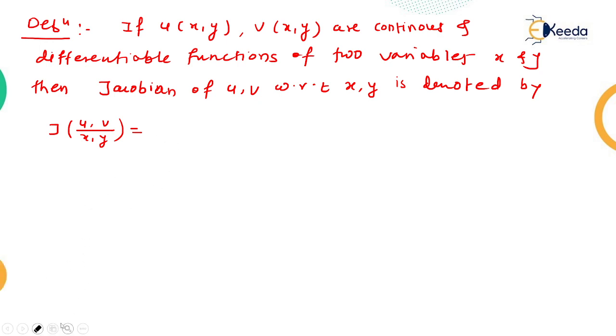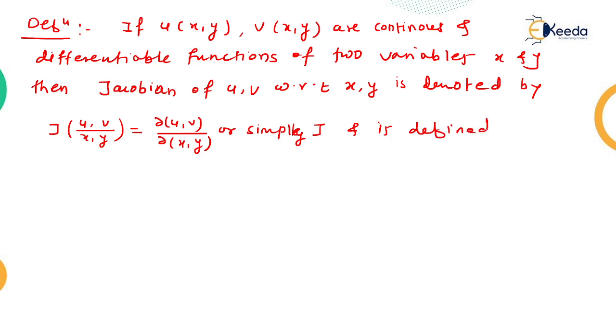Let me write here, del u, v upon del x, y, or simply we denote it by capital J, and it is defined as the Jacobian of u comma v upon x, y, meaning the Jacobian of u, v with respect to x, y.